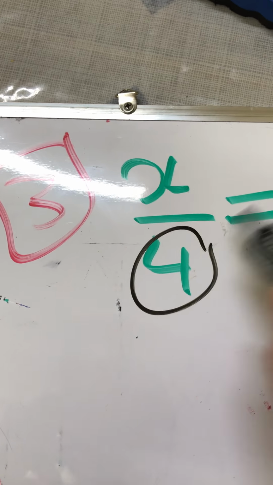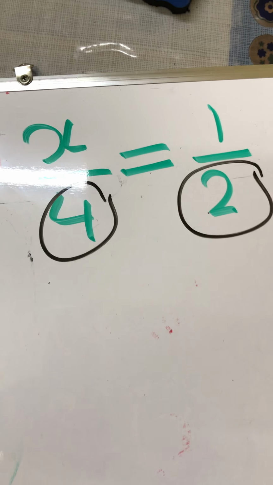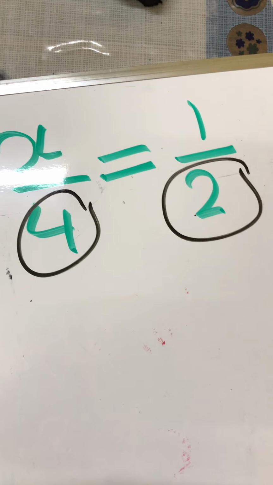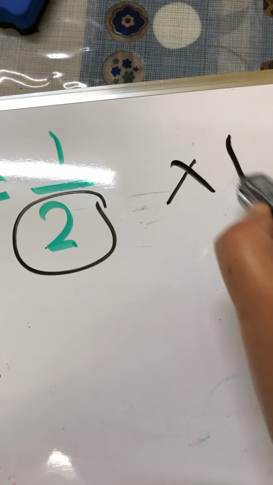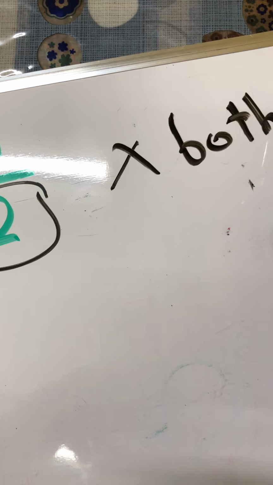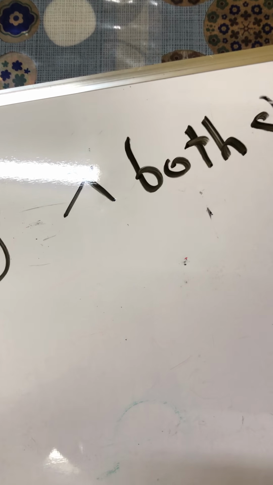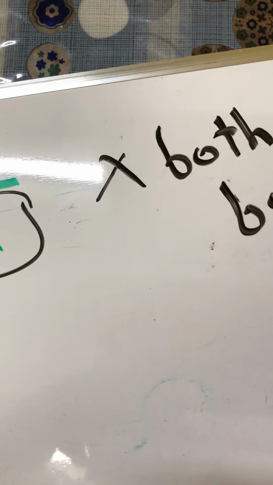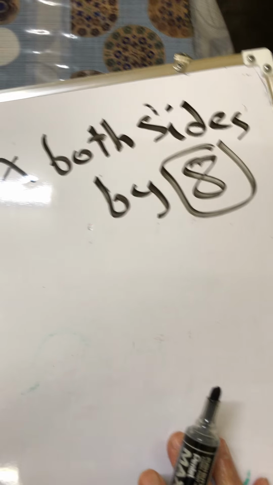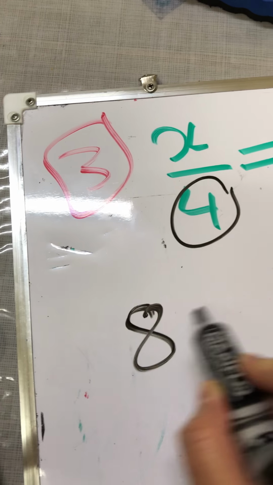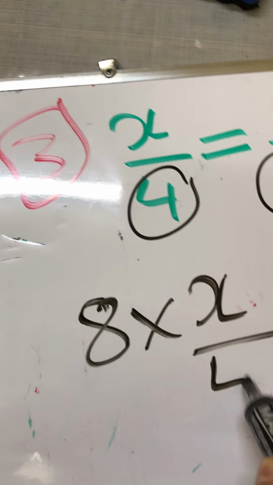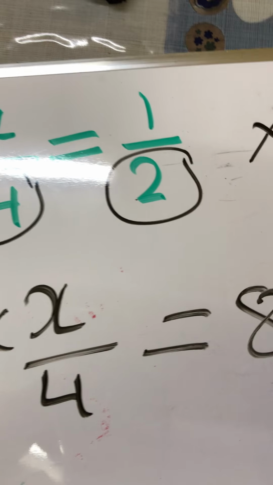I have 4 and 2. So multiply both sides by 8. Why 8? Because I have to multiply 4. So here 8 multiply x over 4 equal 8 multiply half.